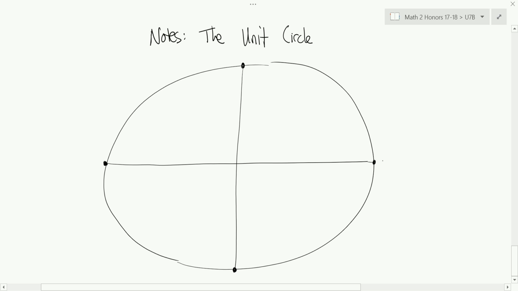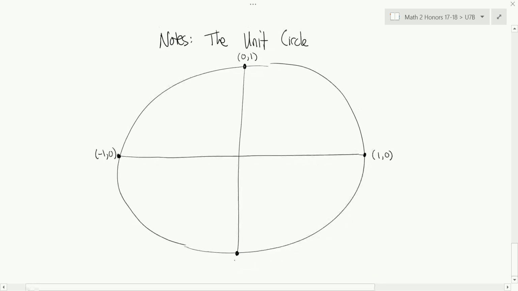We know that the one on the x-axis is at (1, 0), and at 90 degrees we got (0, 1), and then (-1, 0), and at 270 we get (0, -1), right?